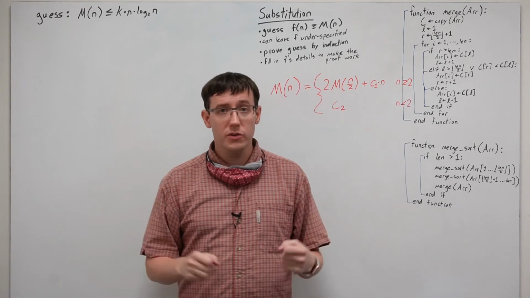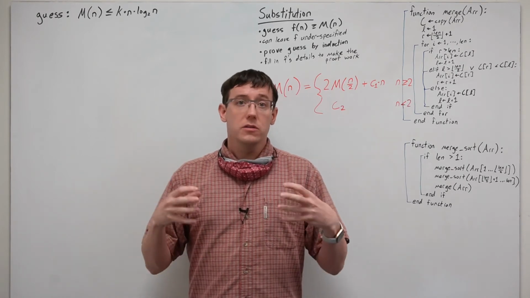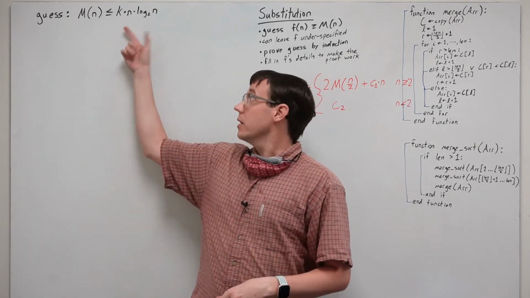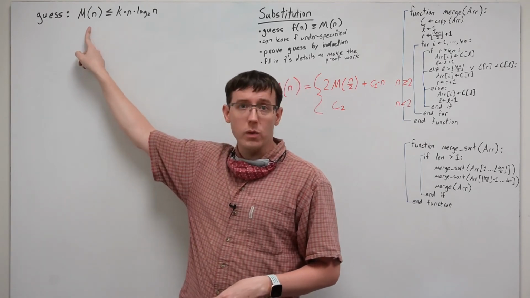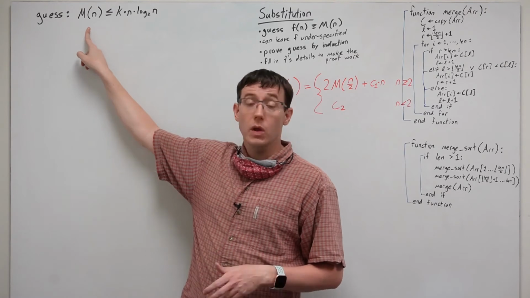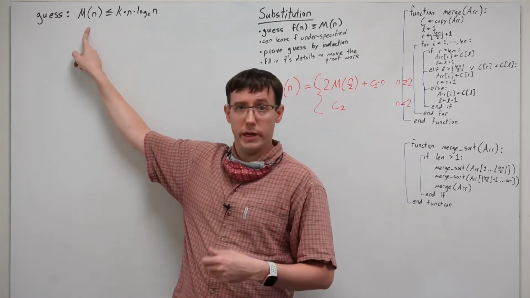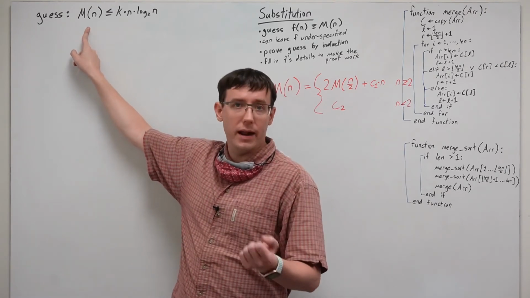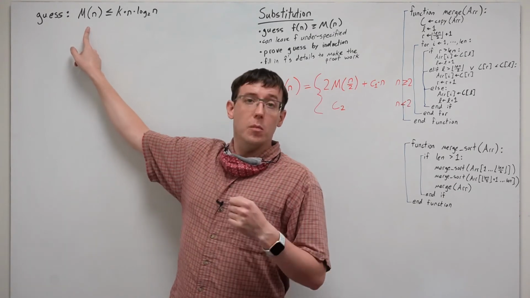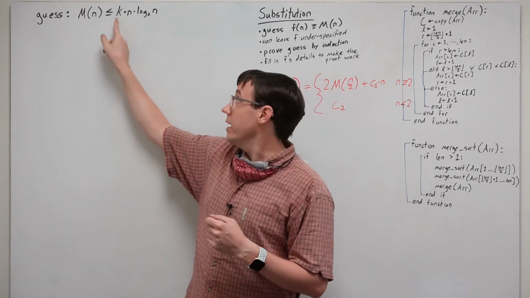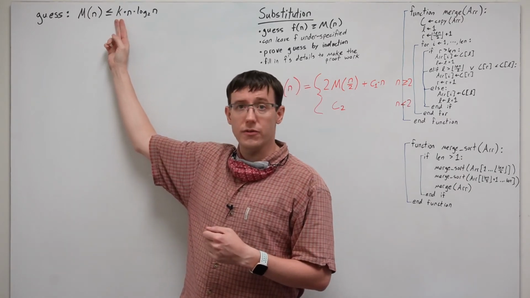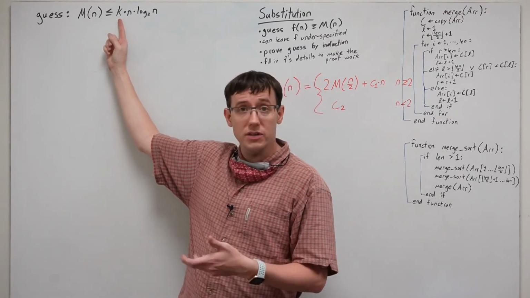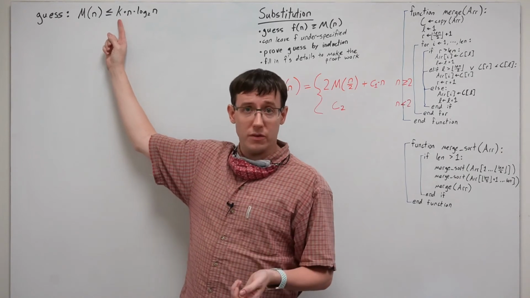When using the substitution method, we start by guessing some function that we think will give us an upper bound on the recurrence. And we go for an upper bound because we know we're going to do big O analysis in the end anyway. But we don't have to specify that function exactly. We can leave some details of the function, like this constant k, unspecified.